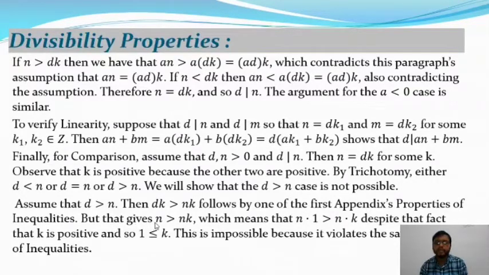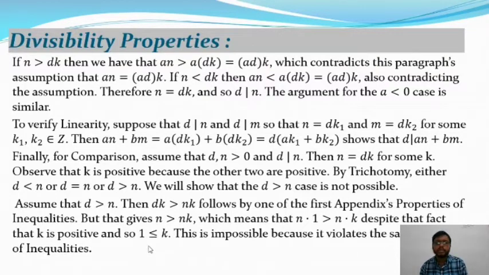But dk is equal to n, so n is greater than n times k, which means n times 1 is greater than n times k, despite the fact that k is positive and so 1 is less than or equal to k. This is impossible because it violates the same properties of inequality.